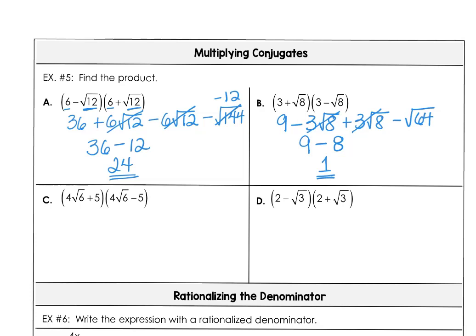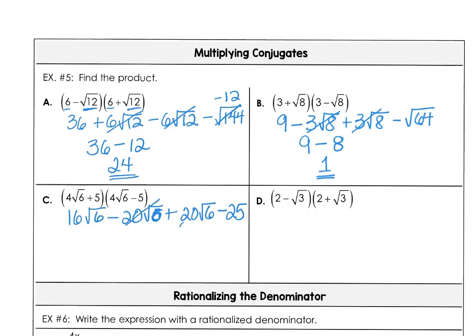In part C, you might want to try part C and part D on your own, and then come back to check your work. This one we're going to get 16 times the square root of 6, and then negative 20 times the square root of 6, positive 20 times the square root of 6, and finally negative 25.